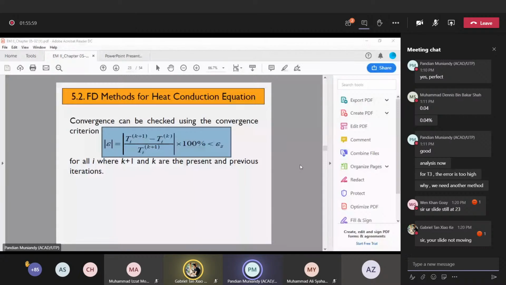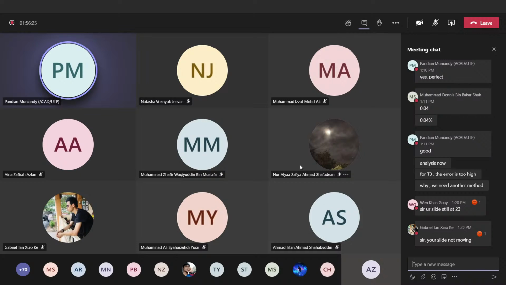Excuse me, sir. Yeah, yes, please. The slide is not moving. Now slide number 44. Not moving? We are now on slide 23. Okay, so I upload again.